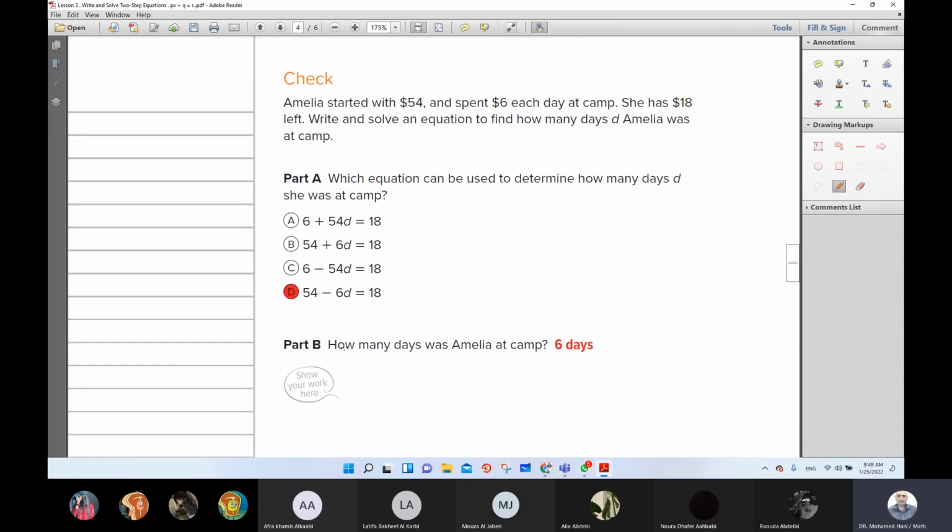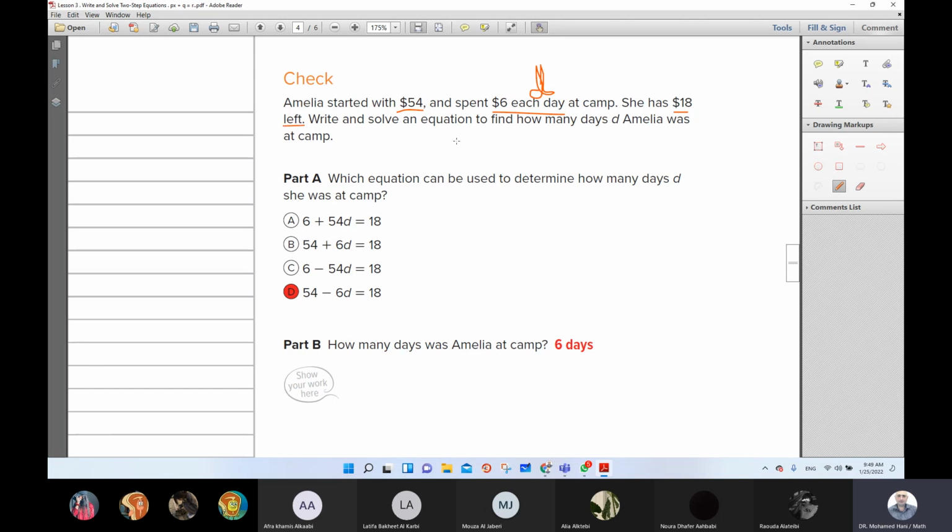In this example here, Emilia started with $54 and spent $6 each day, but we don't know how many days. So represent here the variable D. D means the number of days. At a camp, she has $18 left.